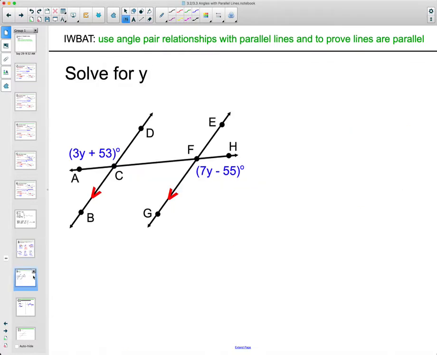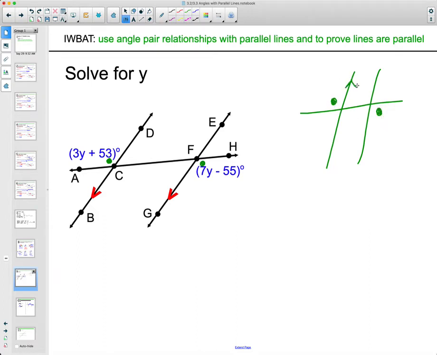All right, then let's take a look at putting some algebra in this. So one thing to notice about this picture is you see the arrows on the lines. So we know that the lines are parallel. So now we can look for any of those relationships between the angles. So in this one, I would take a look at your angles where you have expressions. Okay, so I have this angle and this angle. So if I just kind of draw this picture more simply off to the side, these are the angles that I have.